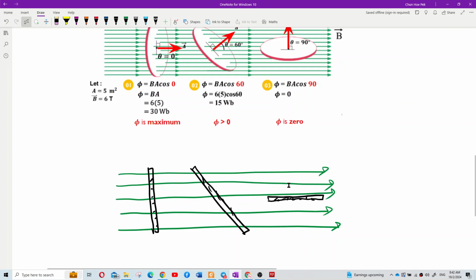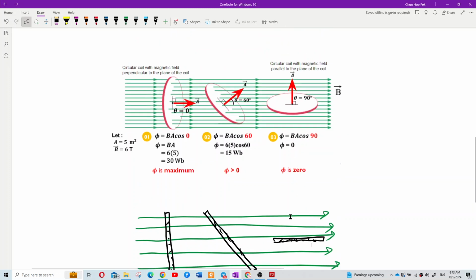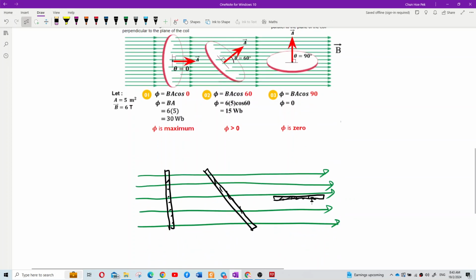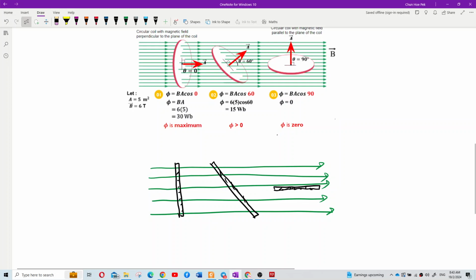This one, if the plane is horizontal to the magnetic field, is considered no flux. Flux is 0 because no line passes through the area. This one has the most flux, maximum. Remember? This is the plane, and this is the normal. The normal is the direction of the area.